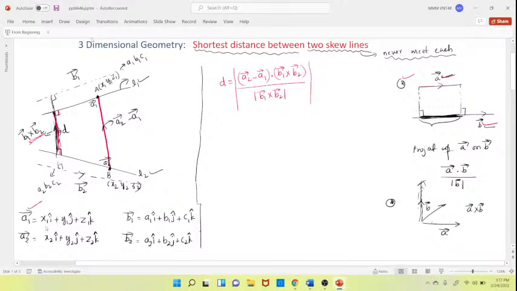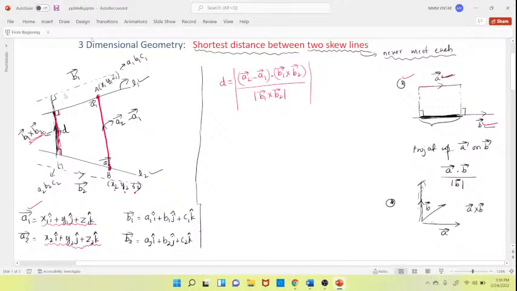So A1 is nothing but what? A1 vector is x1 i, y1 j, z1 k, because point A is x1 y1 z1. And a2 will be x2 i y2 j z2 k, because a2 is the position vector of point B whose coordinates are x2 y2 and z2.